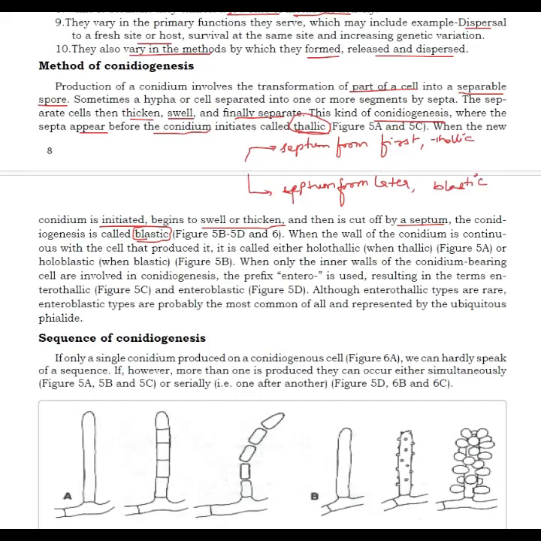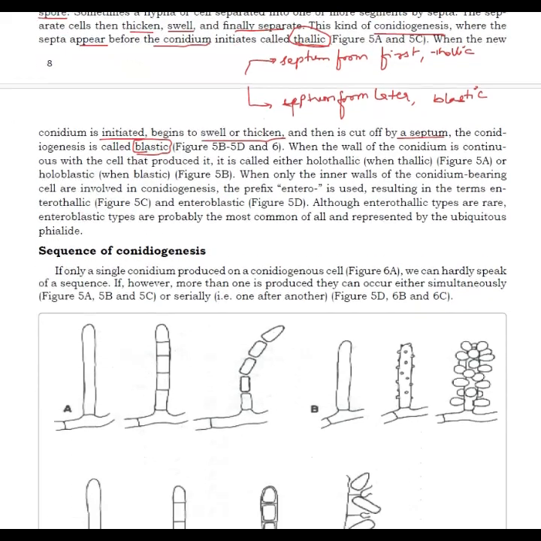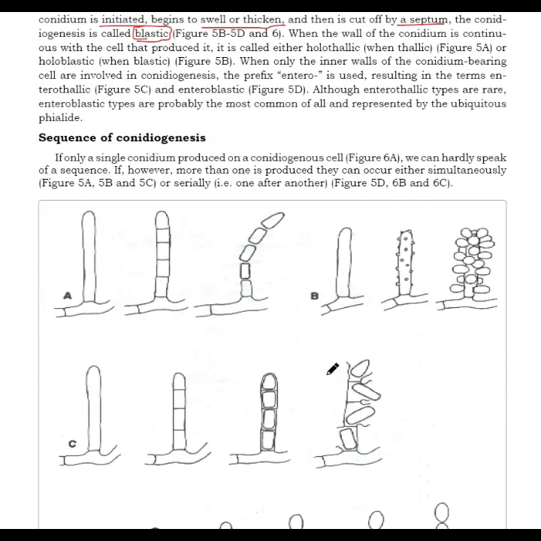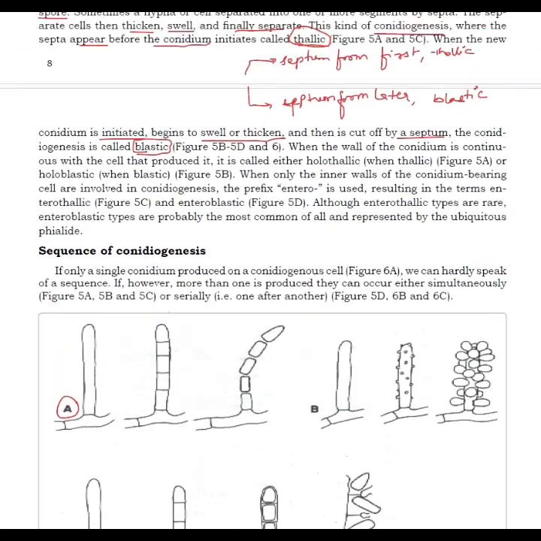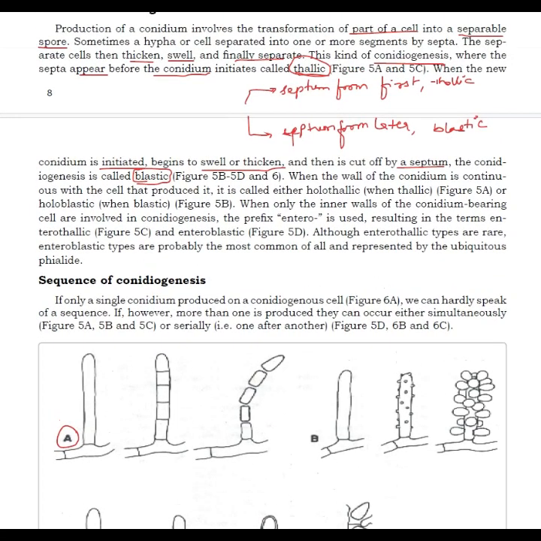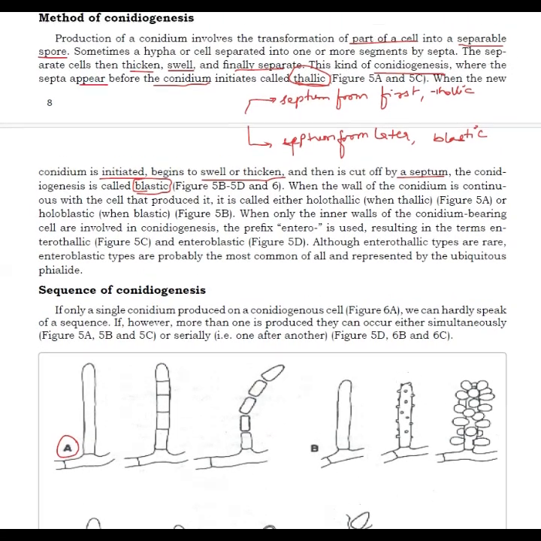Let's see the picture. See here, where the septa appear before the conidium initiates, it's called thallic.